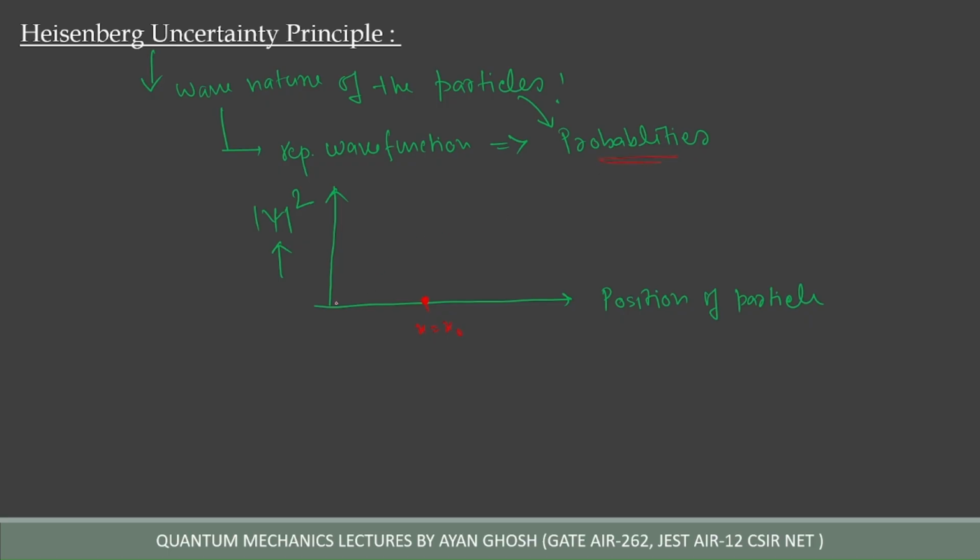So quantum mechanically, a particle can be represented this way. There is a finite spread of the position of the particle. From here, you can see that there is a finite spread of the wave function from x equal to x1 to x equal to x2.